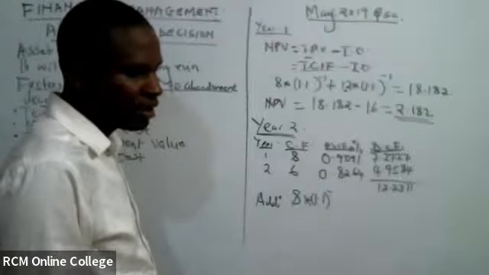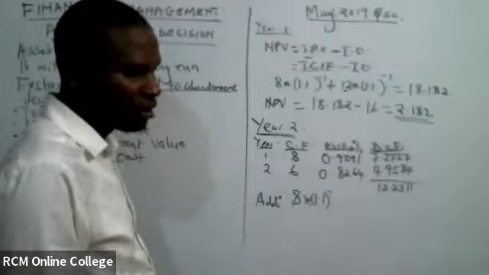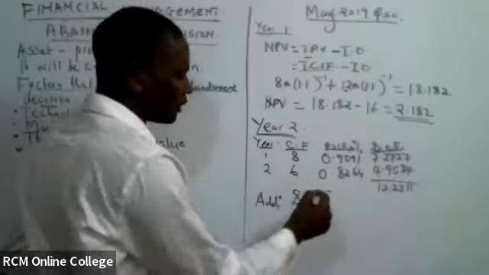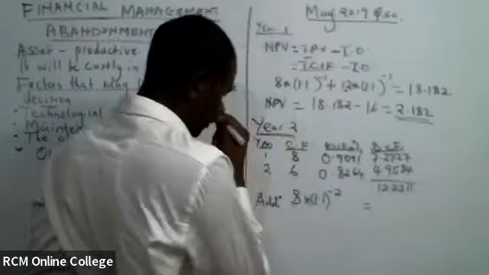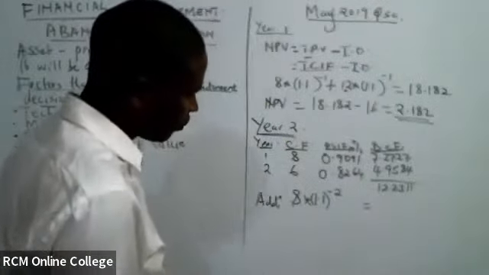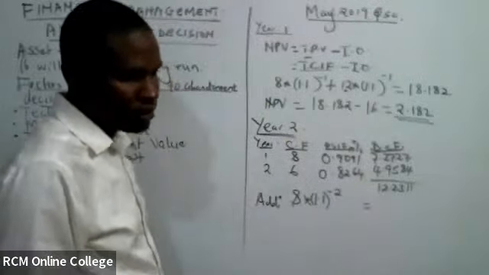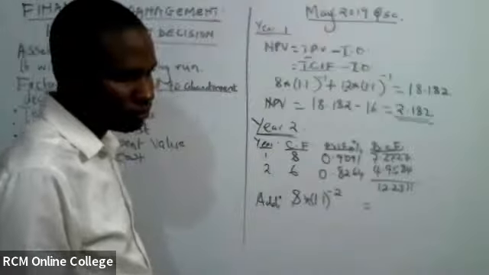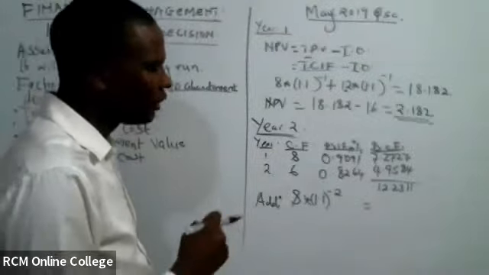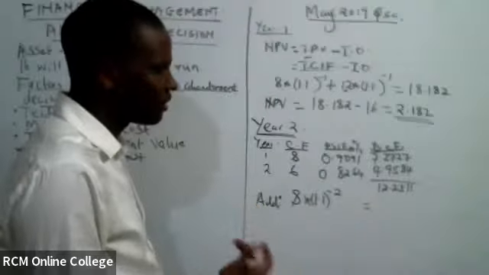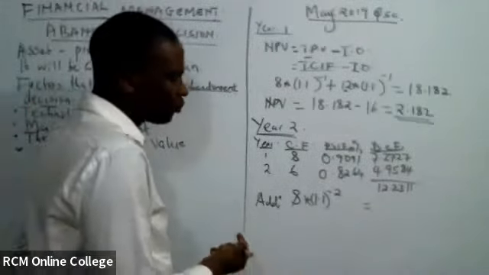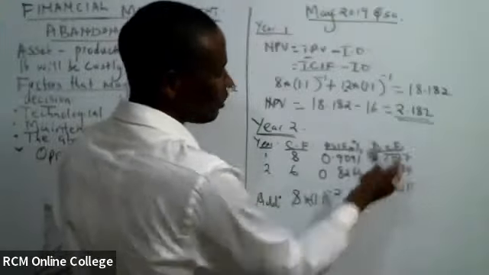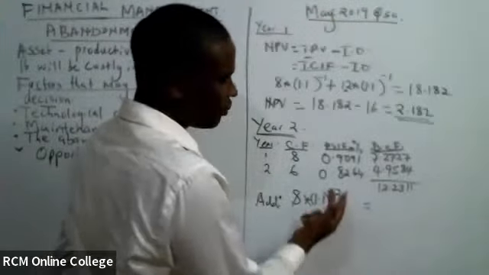We are abandoning in the second year. Therefore, -2. Yes, we are abandoning in the second year. So how much will this be? We are abandoning in year 2, and that is where the difference is coming in. So for year 3, I will not even repeat all these things.